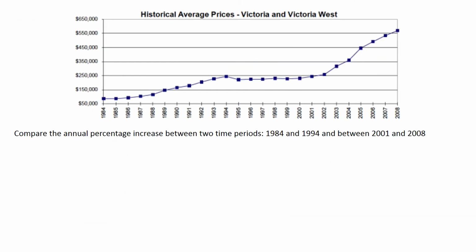So we're asked to compare two different time periods here, and the good news is that we've already done one of the calculations. Remember from the last slide, we calculated the annual percentage increase to be 18% per year.